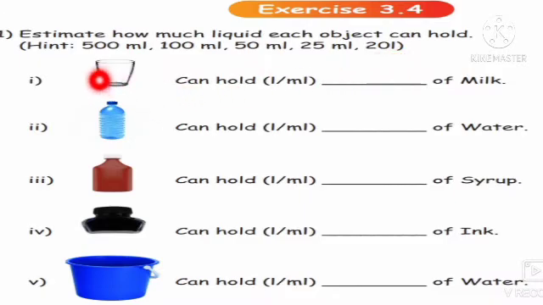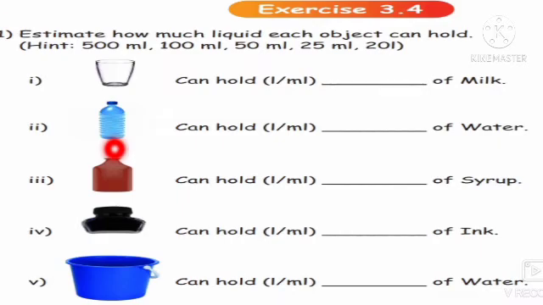So children, here the glass can hold liter or milliliter of milk. Obviously it is milliliters. And here the measurements are given. 500 milliliters, 100 milliliters, 50 milliliters, 25 milliliters are there. So, a glass can hold, yes, 50 milliliters of milk.